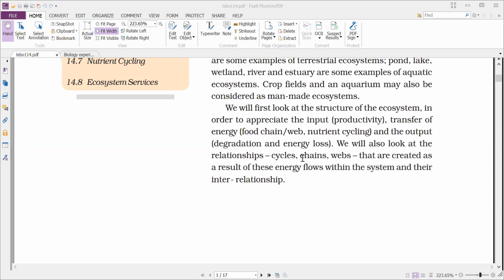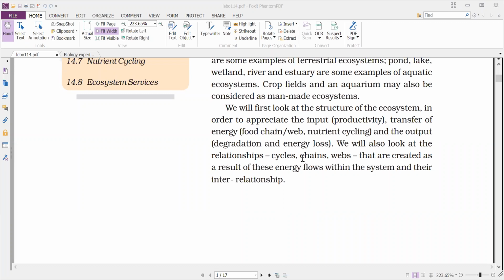And we'll also look at the relationships, nutrient cycles, that is different nutrient cycles. And next, chains, that is food chains, food webs, and how the organisms are interrelated, that are created as a result of these energy flows within the system and their interrelationships.